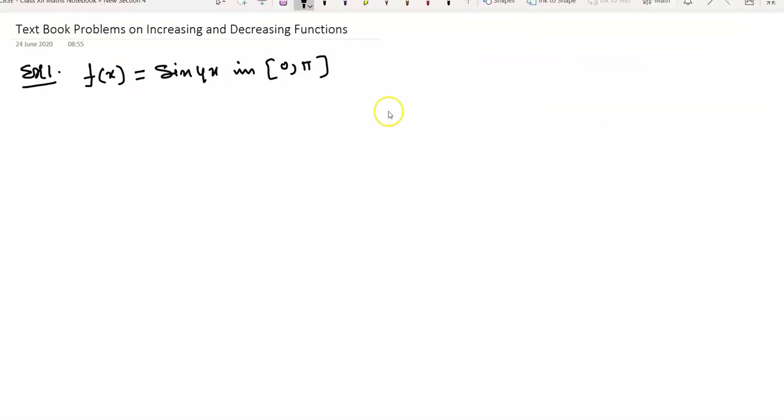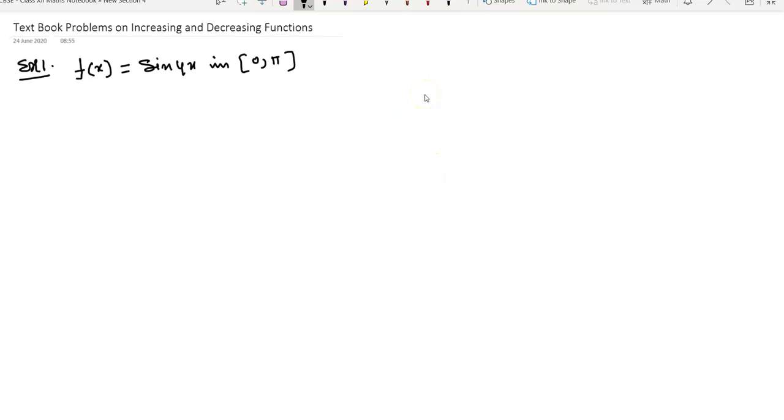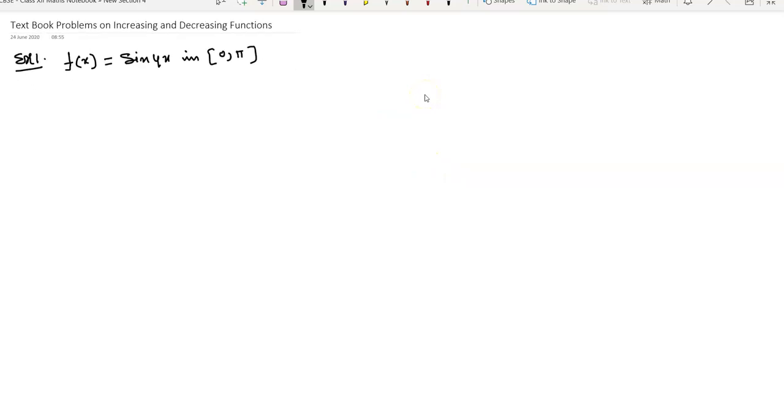I told you in the last class that functions may be only increasing or only decreasing. In one interval, it cannot be both increasing and decreasing. Okay. So when we are going to consider this kind of function, there are many critical points on the number line.